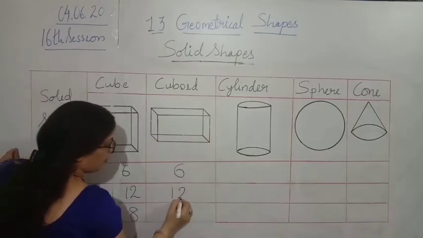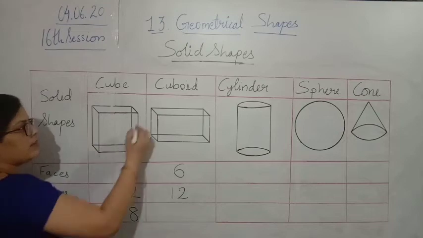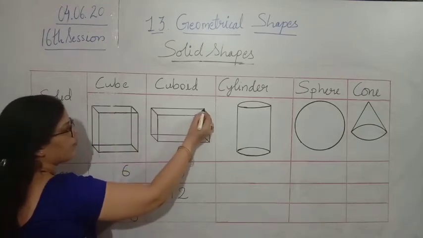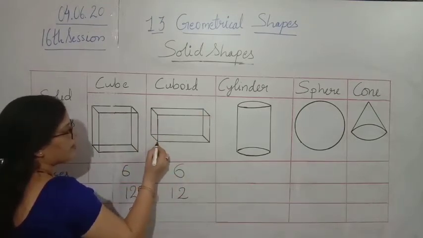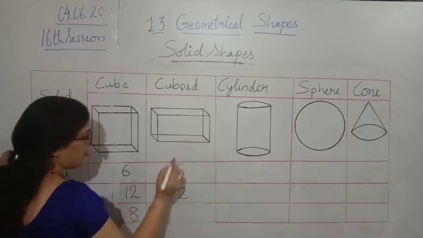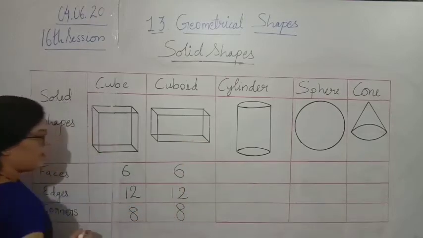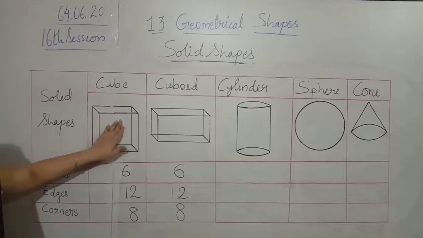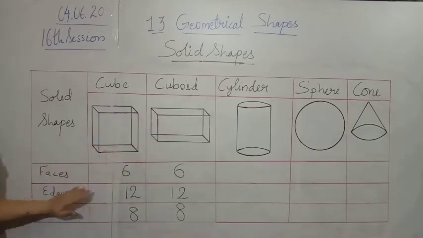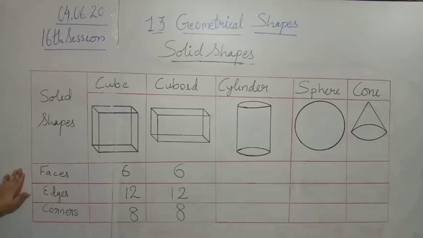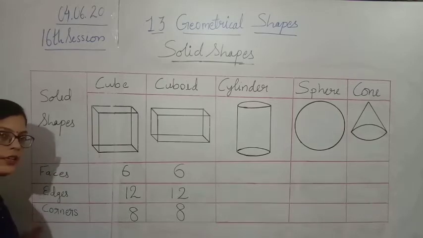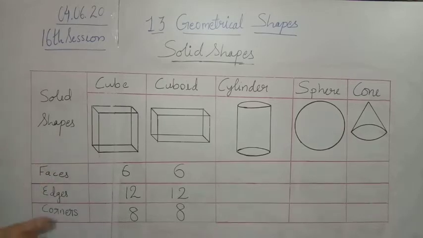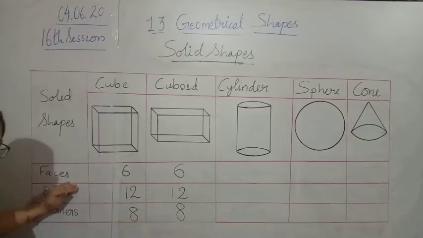And how many corners? 1, 2, 3, 4, 5, 6, 7 and 8. So what can we see here? Both cube and cuboid have the same number of faces, edges and corners.